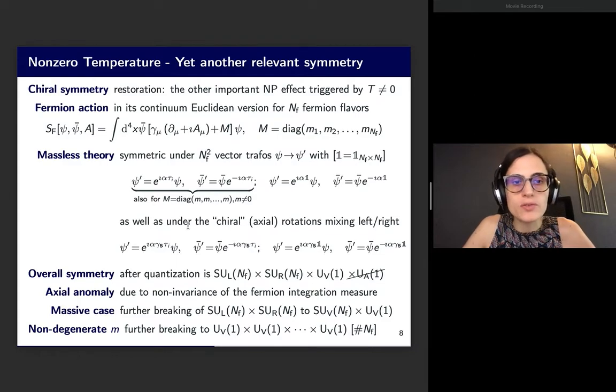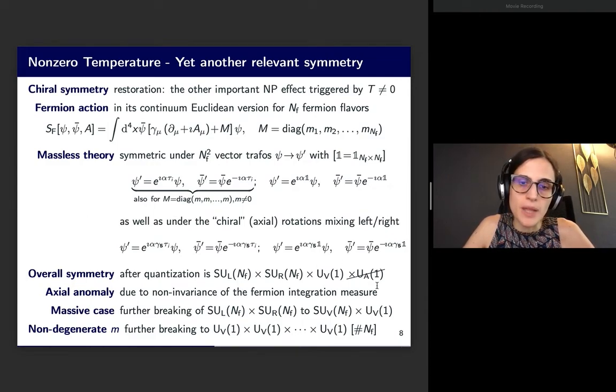And the theory is also symmetric under chiral or axial rotations, which are called this way because they mix left and right components in the spinors, and they are defined by this set of equations. So with this in mind, for the massless theory, we can acknowledge the fact that the overall symmetry group for the theory certainly includes the SU(N_F) left times SU(N_F) right times U(1) vectorial, corresponding to the conservation of the baryon number.